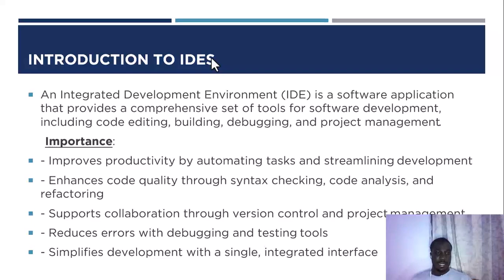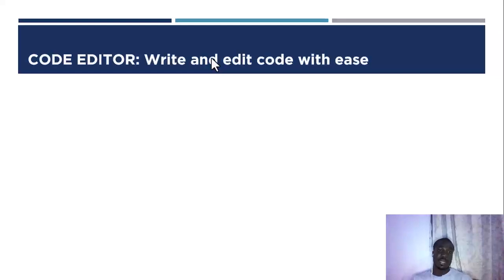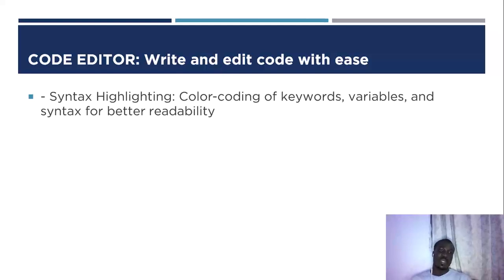Okay, so we move on to the first tool of the IDE, the code editor. The code editor lets you write and edit code easily. So what does the code editor do in software development?